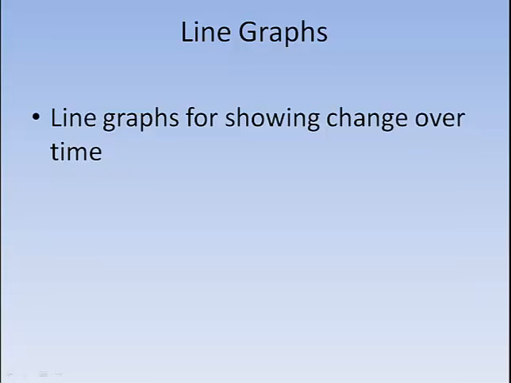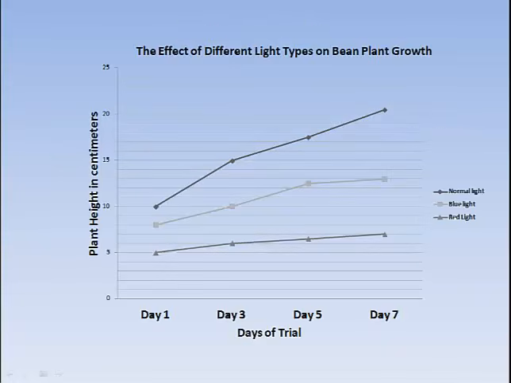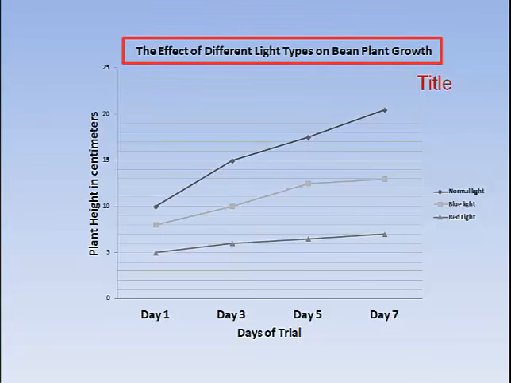All right, line graphs are appropriate for showing change over time. So here's an experiment that was done to see the effect of different types of light on bean plant growth. So there's our title. Our IV is different types of light, and our DV is bean plant growth.